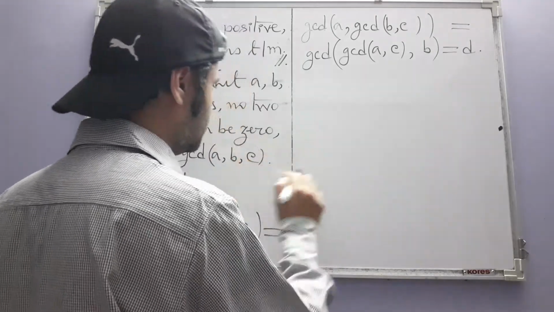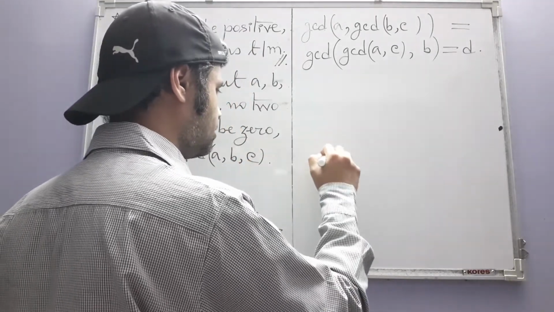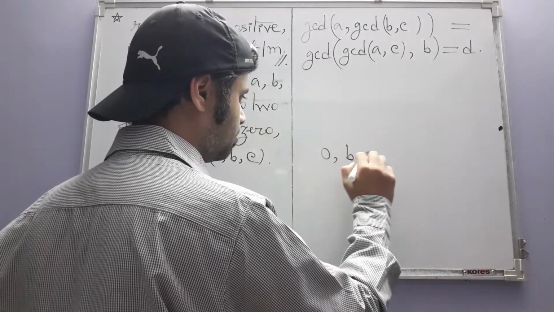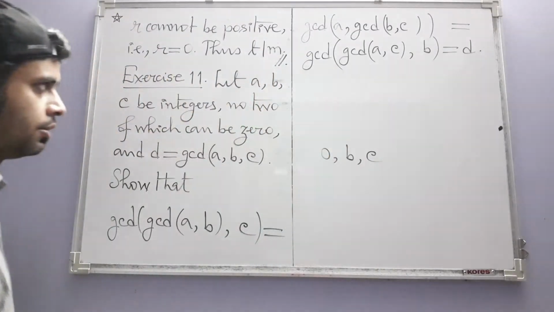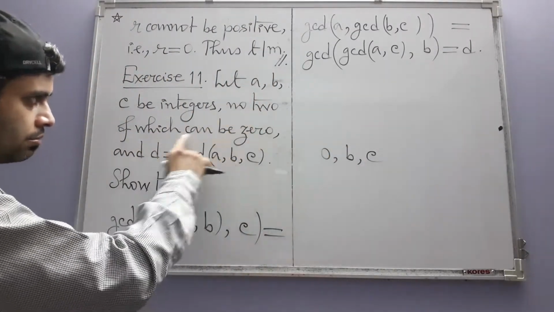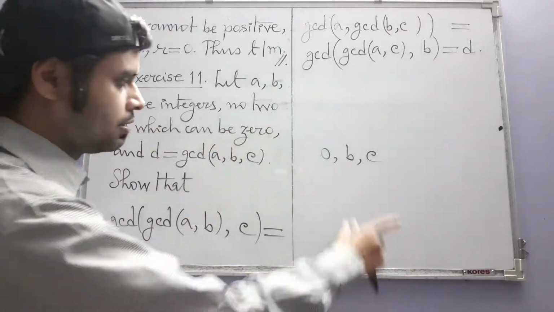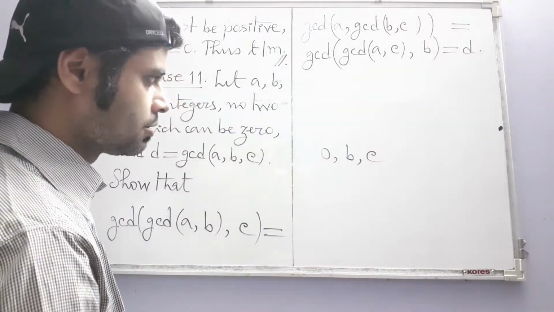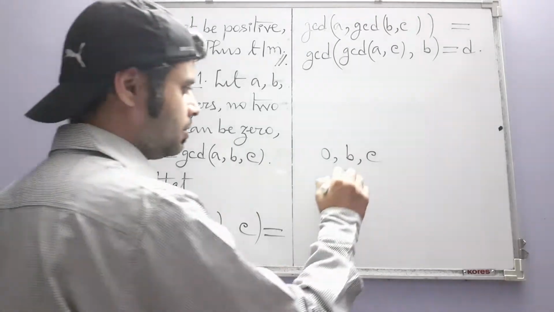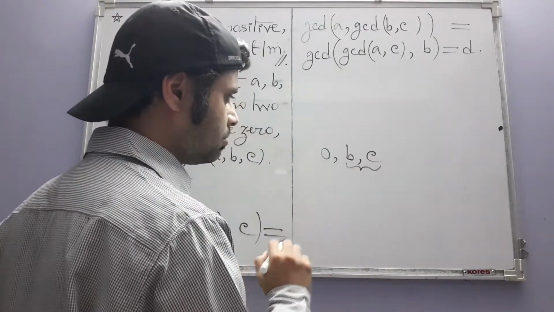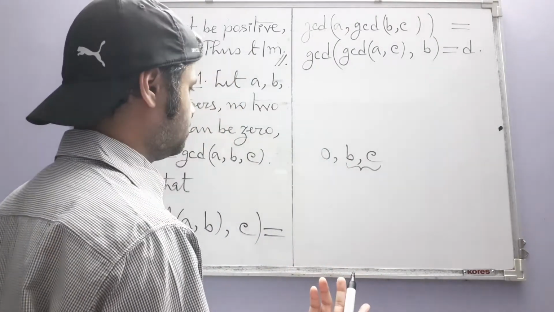Because you see, if one of them is 0, say A is 0 and B and C are both non-zero, then is this condition satisfied for this special case? If you take B and C, of course they are both non-zero.